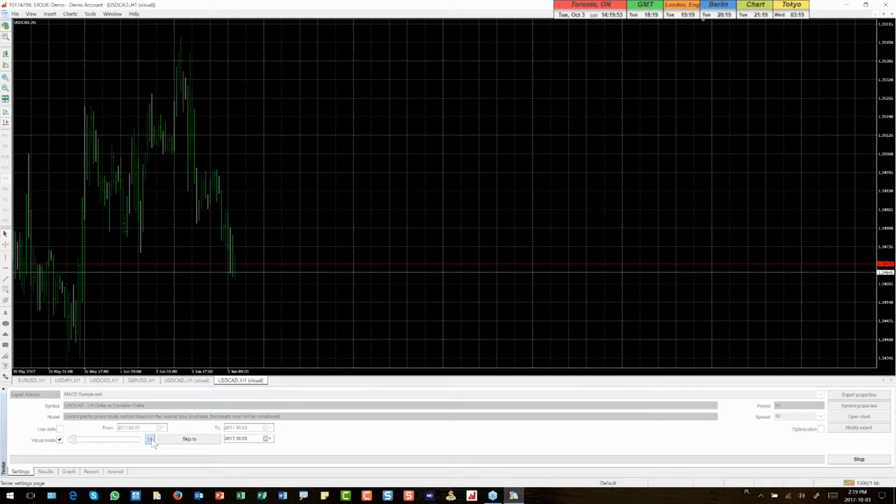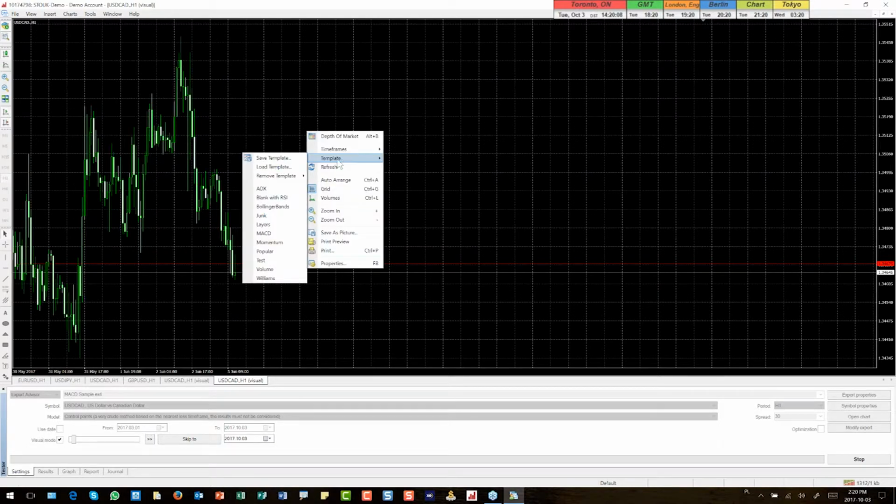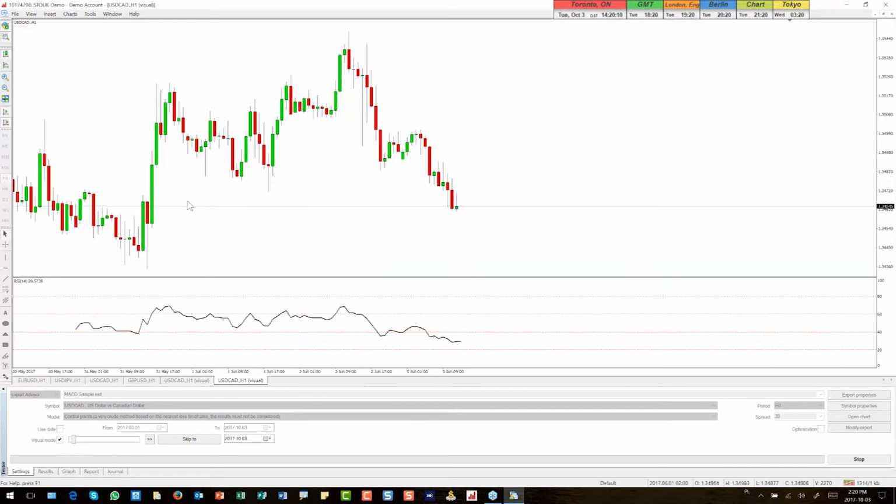I call that momentum trading. But as you can see, I have a totally different setup from my expert advisor. What I'm interested in is seeing what's going to happen next. I don't scroll back, and I have no idea what information I'm going to have in front of me. So this is like a real market simulation.